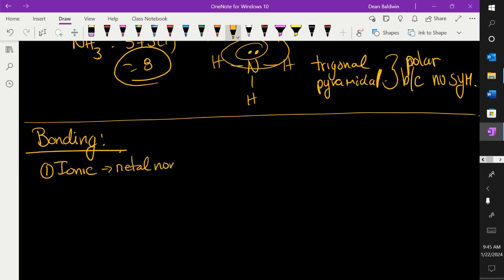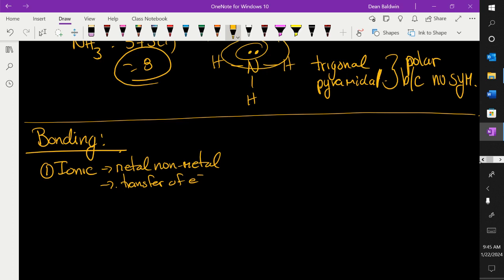Metal, non-metal. That's a transfer of an electron, right? The electron gets pulled away. You get transfer of an electron.